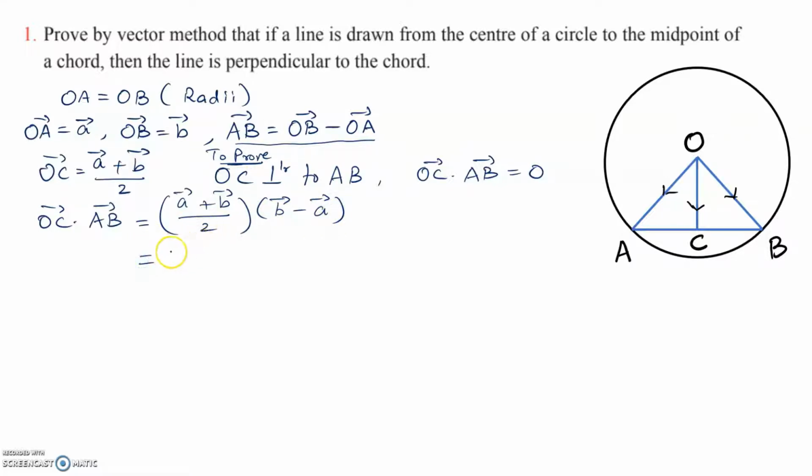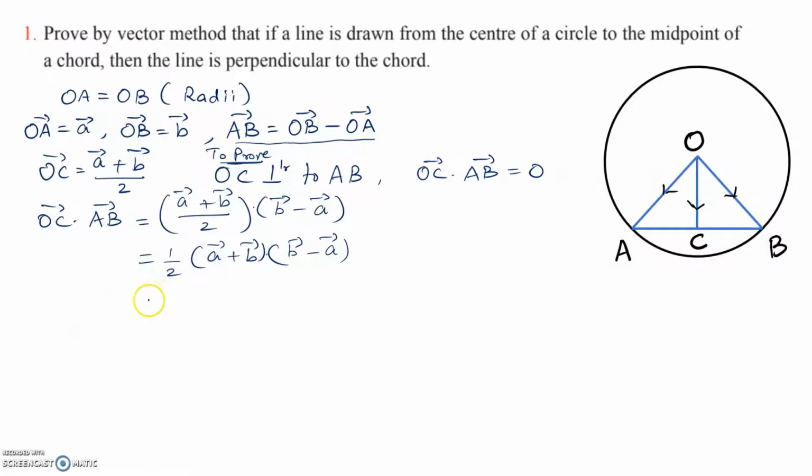So further simplifying, I can take the 1 by 2 common and call this vector A plus B dot product with vector B minus A. And that's equal to 1 by 2 into, using our formula A plus B into A minus B is A squared minus B squared, vector B dot product with vector B minus vector A dot product with vector A. And we know that vector B dot product with vector B is equal to magnitude of B into cos theta, where theta is the angle between B and B, which is 0, so cos theta will be 1.